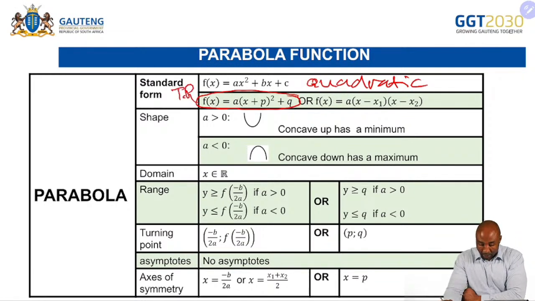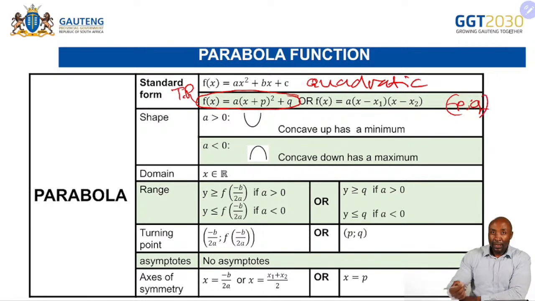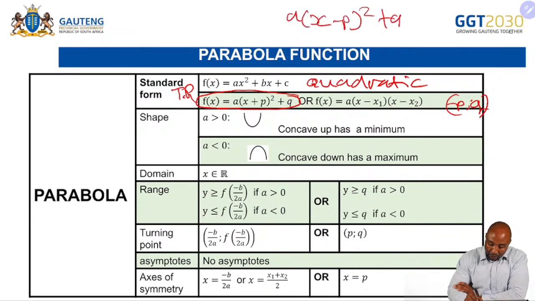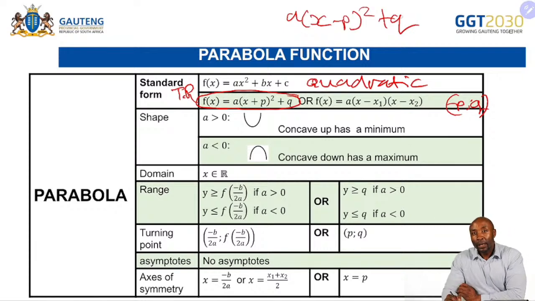And from that one, you are able to deduce the information. You are able to extract information about the shape, because our a determines the shape. Our turning point is given by negative p and q, and we have to be careful about this one. Some sources use a times x minus p squared plus q, but according to the curriculum, we are supposed to use the form that is given there. It must have a plus.